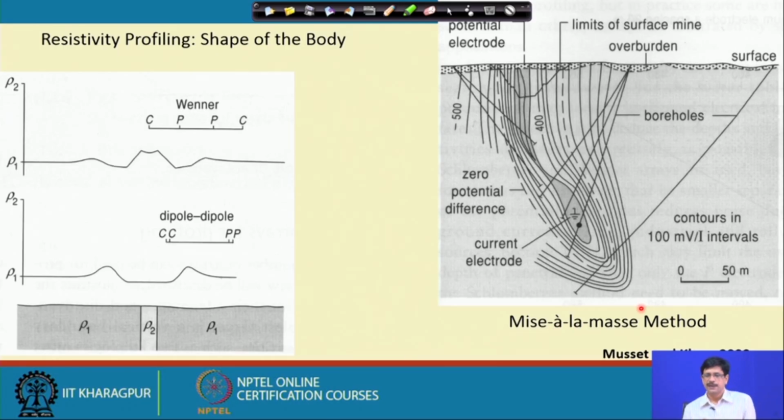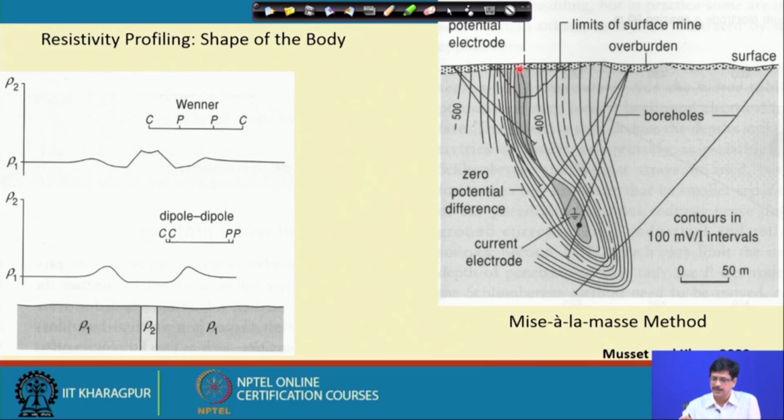Instead of the current and potential electrodes being moved away from each other at regular intervals, the potential electrode is fixed at one point corresponding to the exposure, or wherever we detect, for example by a geochemical survey or any other method, that there is an ore body below this particular point.